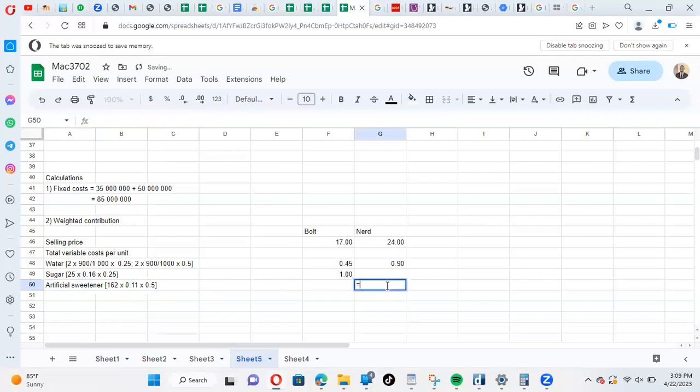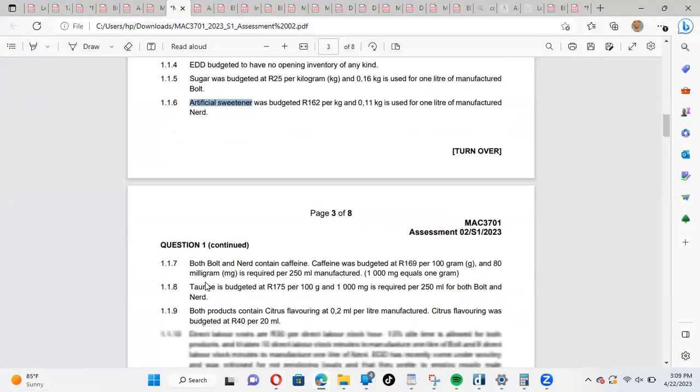It's going to be 736.36, I think. Let me recalculate, 162 times 0.11. I need to clear my calculator memory, I was calculating something else. Yes, I've got the same answer. Perfect. We are done with sugar.